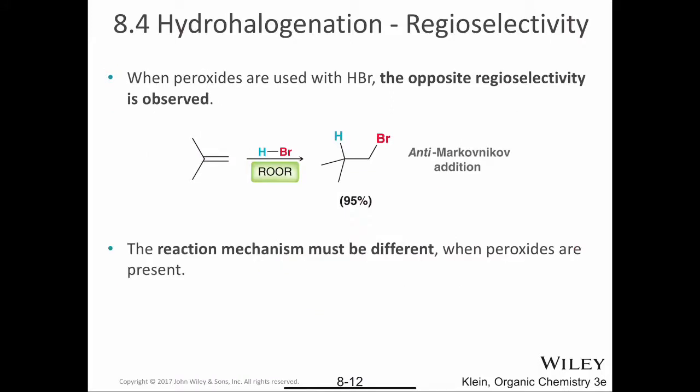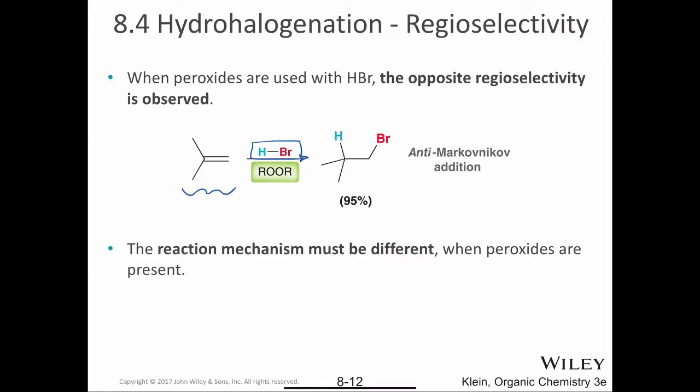When peroxides are used with HBr, though, we get the opposite regioselectivity, and we call this anti-Markovnikov. This is a really interesting reaction with some interesting history. It was found that when an alkene was reacted with HBr in a solvent that had been purified, they got exclusively the Markovnikov product.